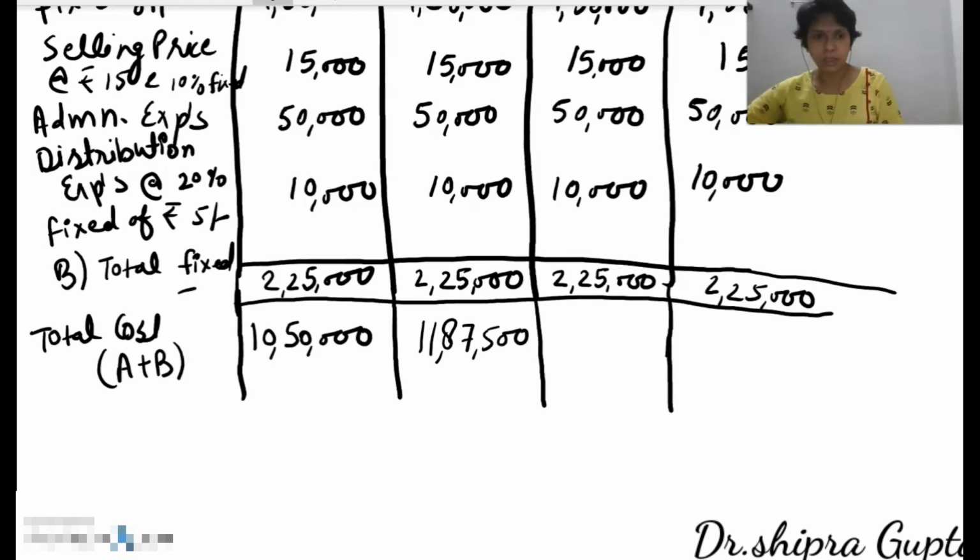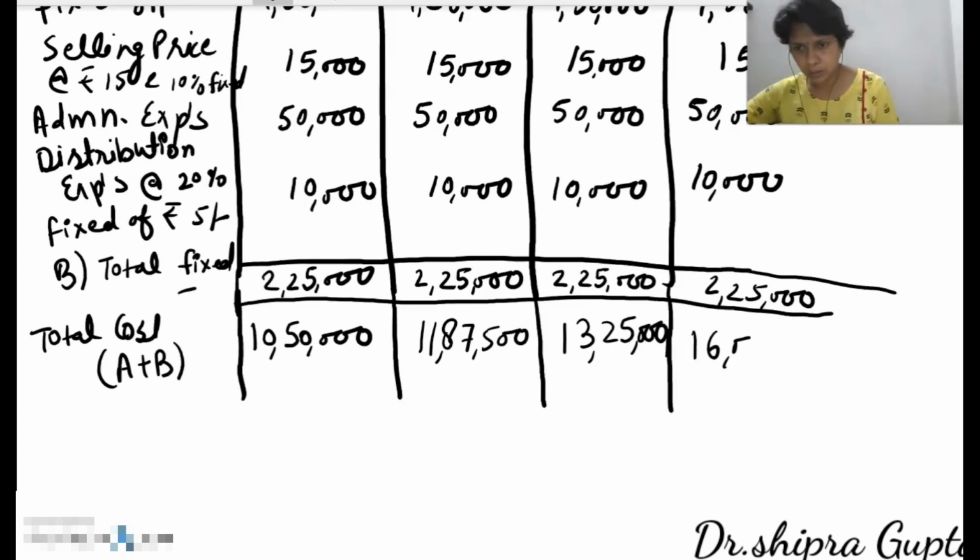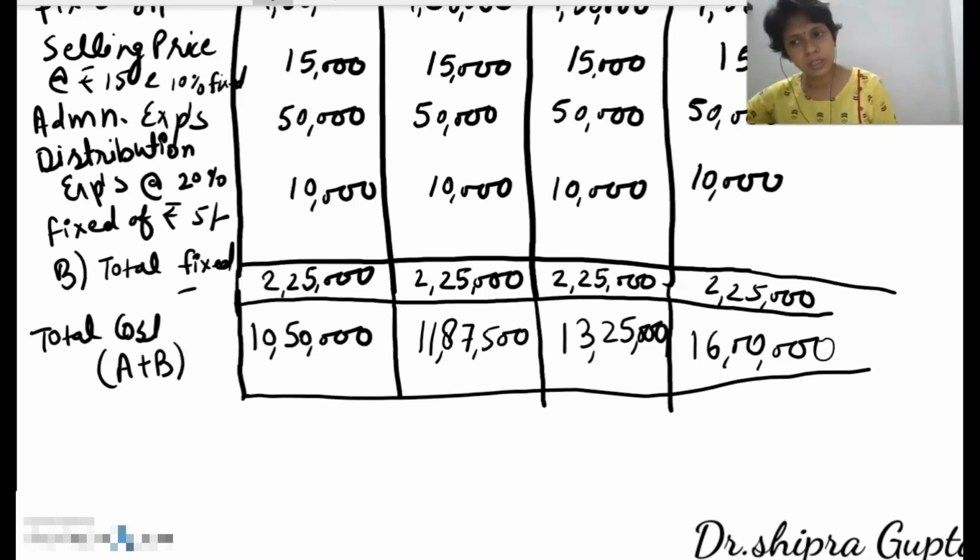For 8,000 units, the total of this column is 13,25,000 rupees. And now for 10,000 units, the total of both columns is rupees 16 lakh. So this is known as total cost, and we have found total cost in this question.